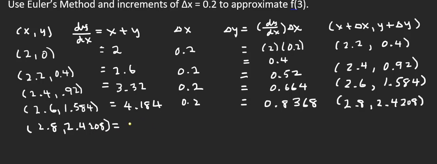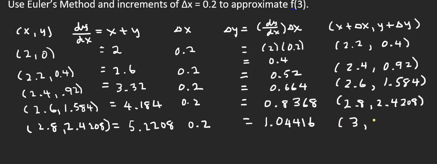And our new dy over dx is going to be 5.2208. And then our new delta y is going to be 1.04416. And finally, we get 3, comma, 3.46496.